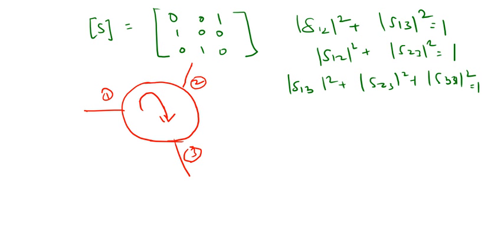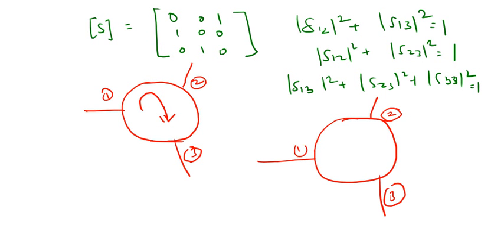Suppose you are circulating in the anti-clockwise direction, then the scattering matrix will be changed, and it is 0 1 0, 0 0 1, 1 0 0, like this.